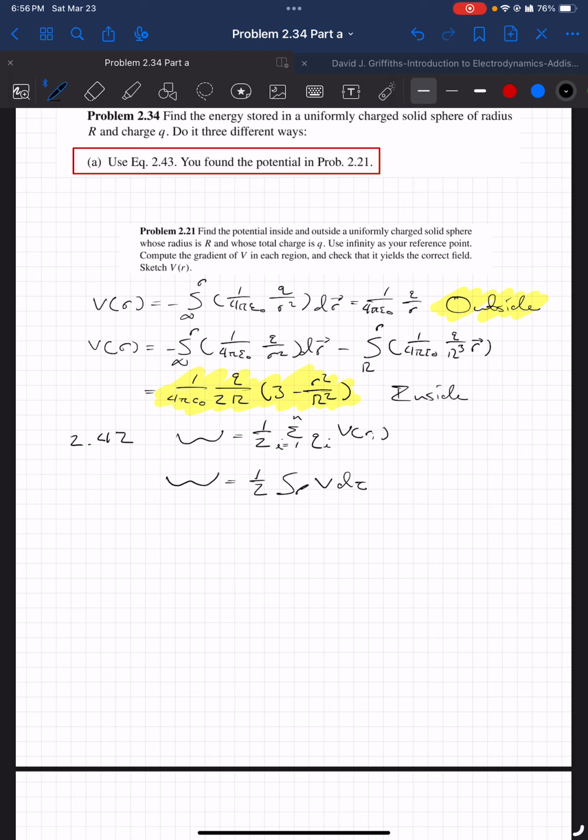Now, as part A states, we will use the potential found in problem 2.21 to solve for the stored energy. Relevant to our problem, we only need the potential within the sphere, and the potential within the sphere is this potential. So we only need this one, we do not need the outside potential.